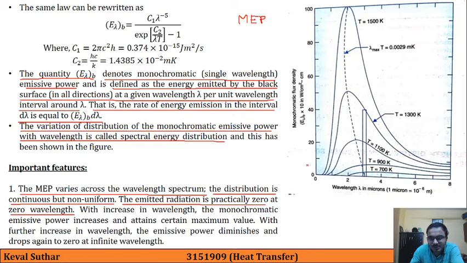So this is justified with this region, where at zero wavelength the emitted radiation is practically zero. With increase in wavelength, the monochromatic emissive power increases and attains a certain maximum value. As you can see, after the increase, it reaches a certain maximum value.